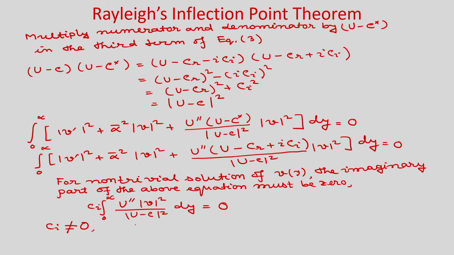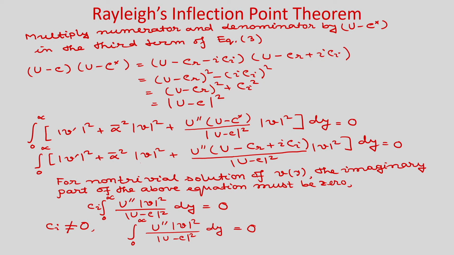So, we should have integral 0 to infinity u double prime mod v square divided by mod u minus c square dy equal to 0, because we have assumed that Ci greater than 0 corresponds to unstable flow. Obviously, for Ci not equal to 0, the flow may be stable or unstable, and from this condition let us now find Rayleigh's inflection point theorem.